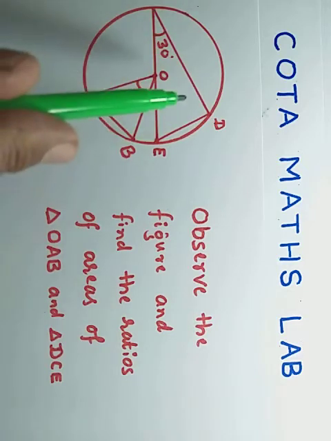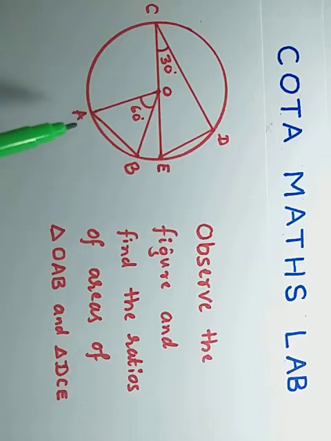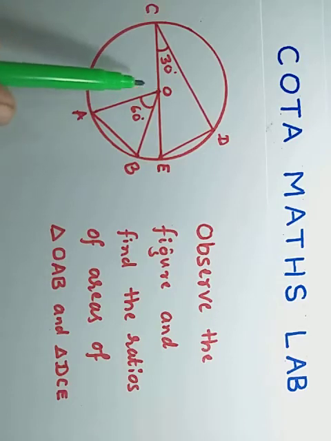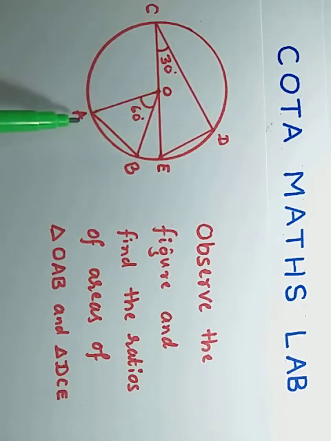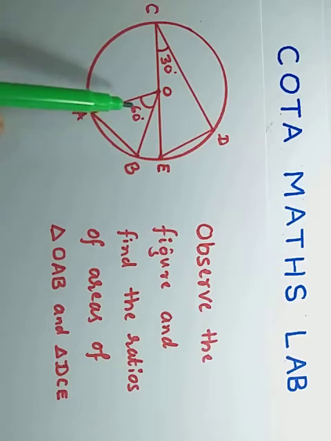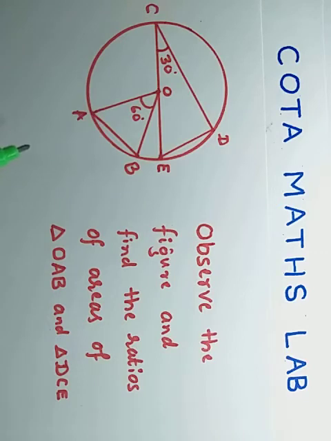Here is a circle and CE is the diameter because O is the center of the circle, and OAB is a triangle with angle AOB equal to 60 degrees and angle DCE equal to 30 degrees.